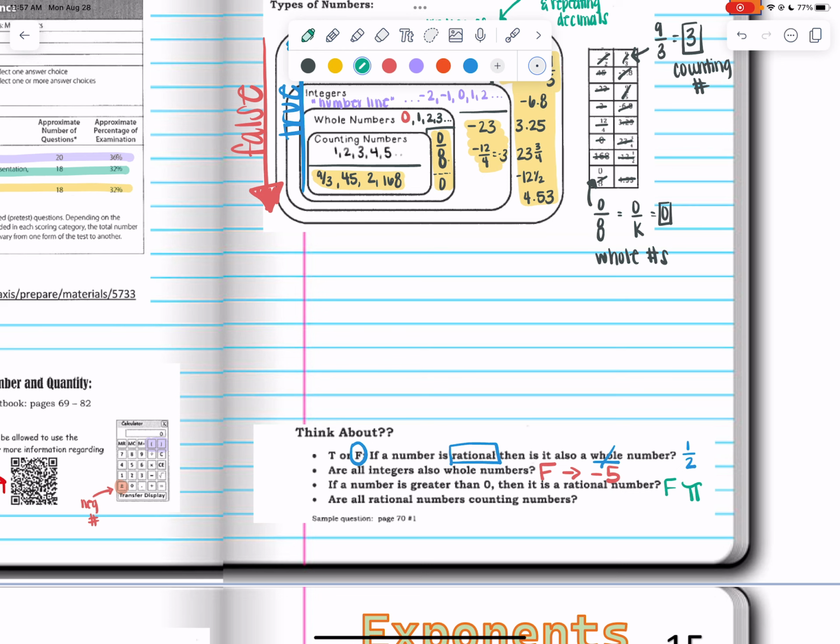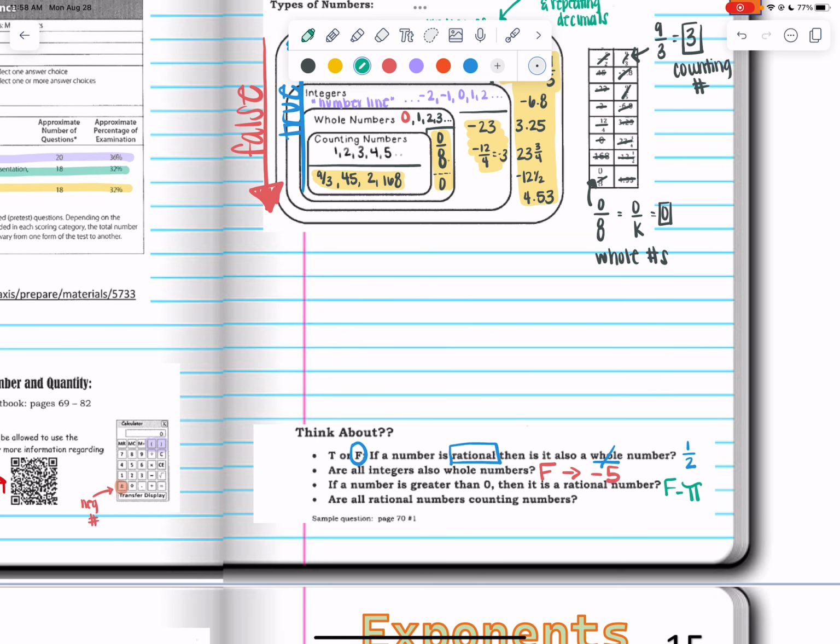Pi is greater than 0, 3.14159, blah, blah, blah. 3.14 whatever is bigger than 0, but it is not a rational number. It is an irrational number because that decimal doesn't terminate and it doesn't repeat.